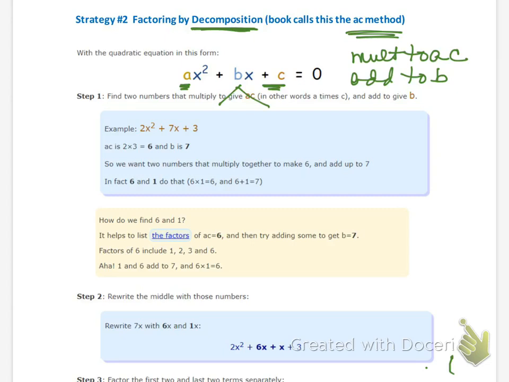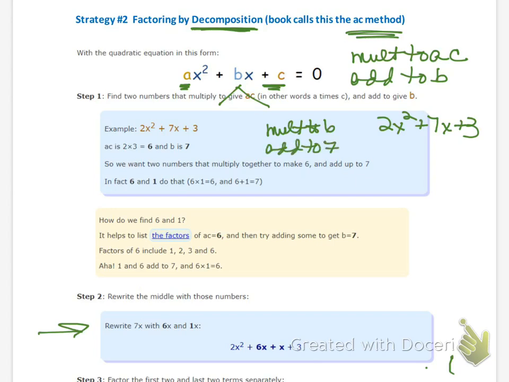Okay, so let me run this through. So you see they have it written out like this. Let me just do it my way and then see if that makes sense to you. So I'm going to set it up over here. I'm going to say we have 2x squared plus 7x plus 3. So I want to look for two numbers that multiply to 6 and add to 7.